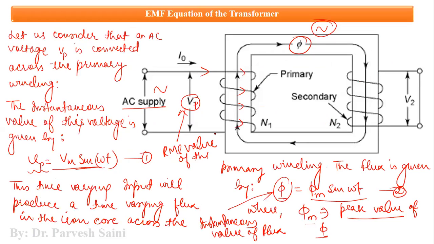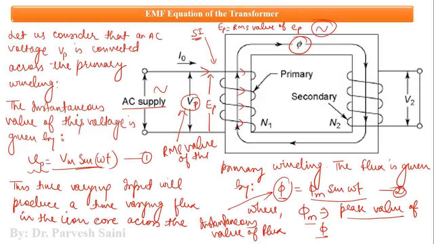Now let it be a primary coil, let it be a secondary coil. Here, because of self induction, you have an EMF which is capital EP. Capital EP is the RMS value of the primary induced voltage, and small ep is its instantaneous value.